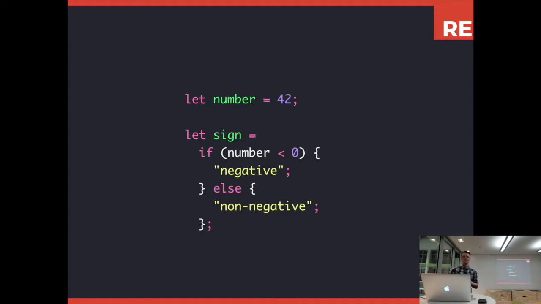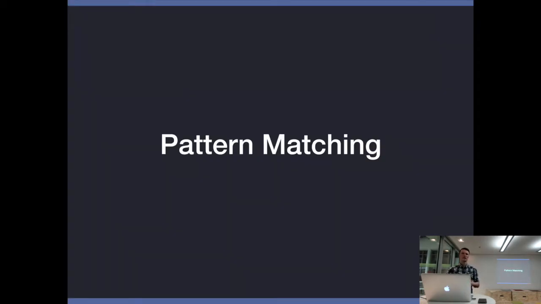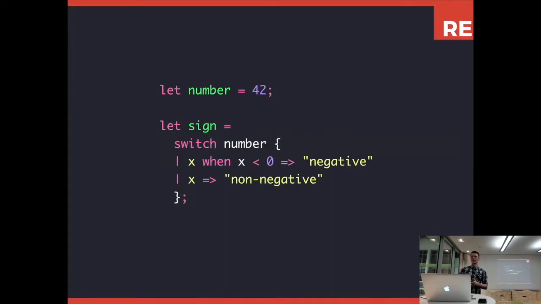Okay, I don't find myself using if and else as much as I use it in JavaScript, to be honest, because what I use all the time is pattern matching in Reason. So here's the code that does the same thing as the one on the slide before.